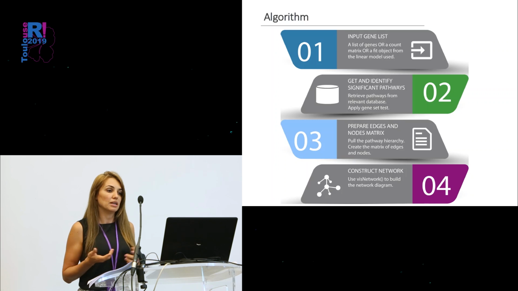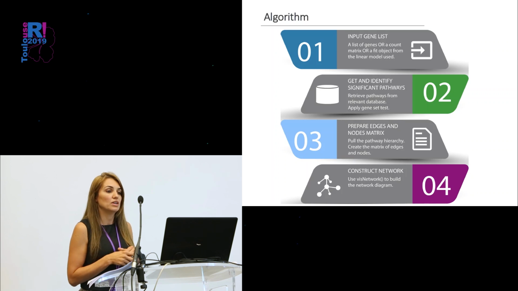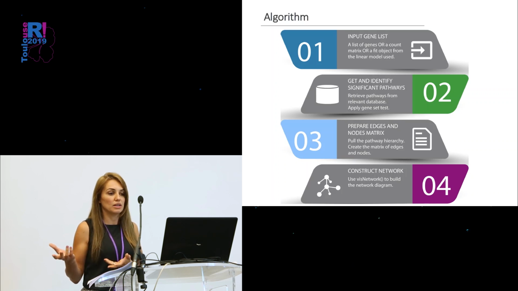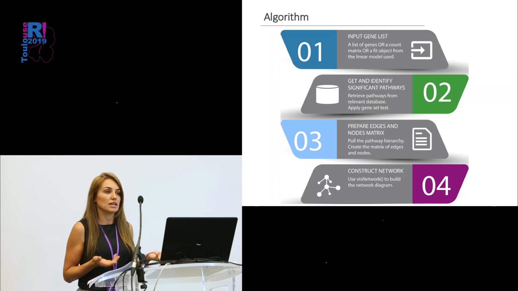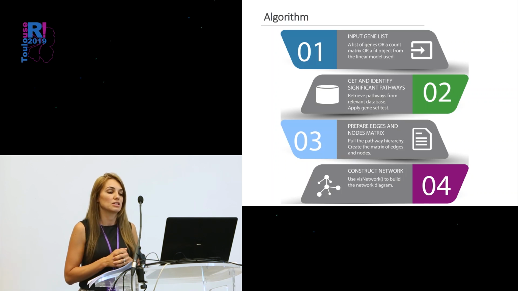We use limma here, and then they can input a fit object. Based on the gene list they provided, in the next step, this program identifies the significant pathways obtained from a general database like Gene Ontology or Reactome, KEGG database, whatever they're interested in.